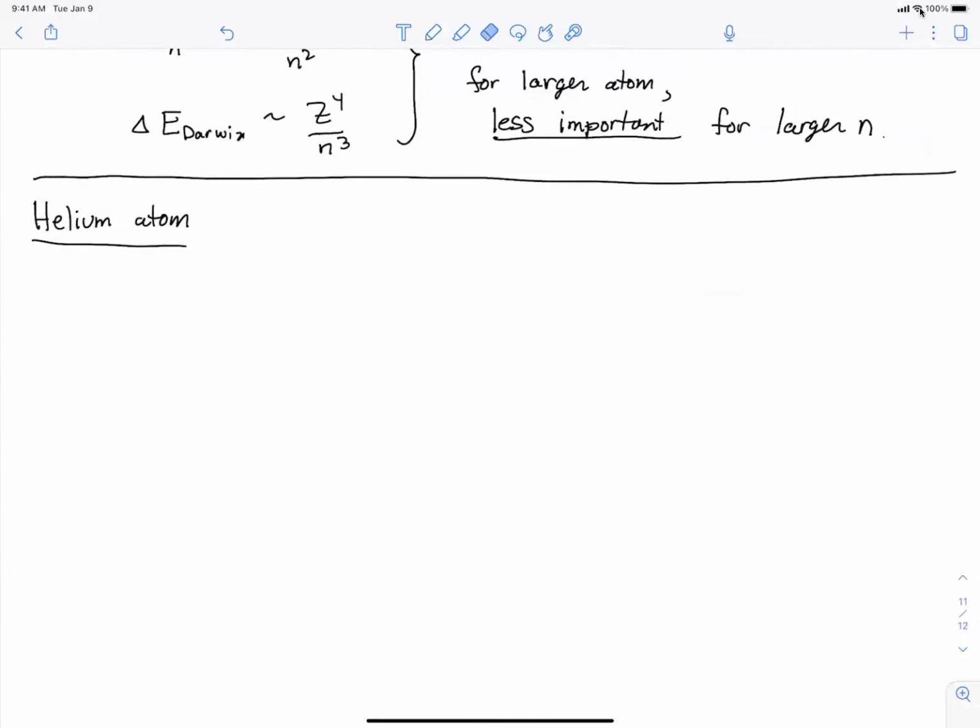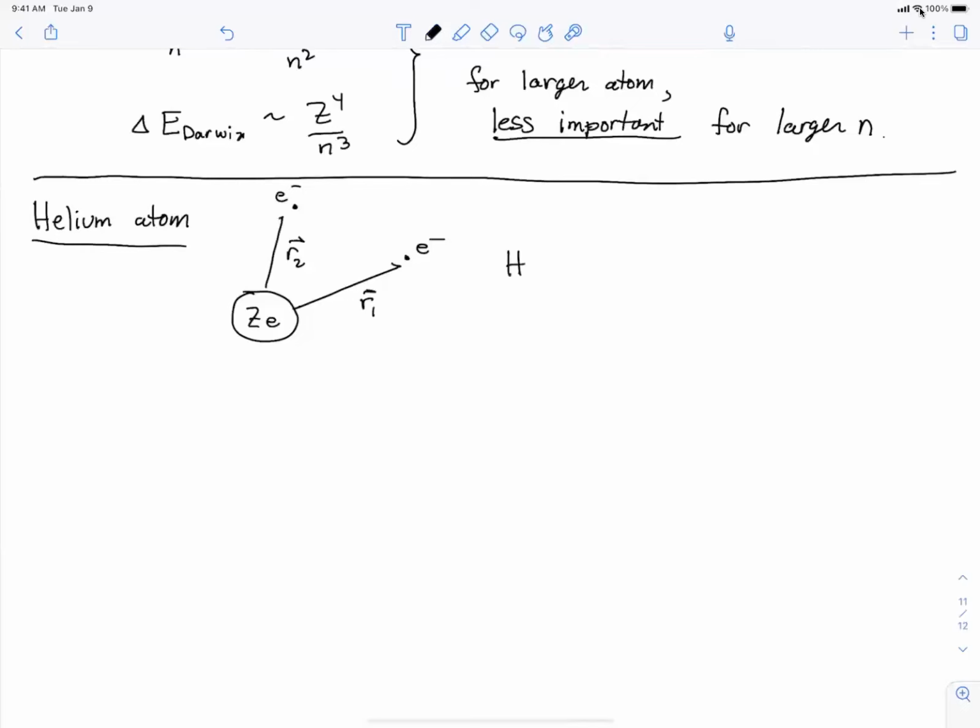So let's draw our cartoon of the helium atom. Here's our nucleus. I'm still going to call this Z. And then we have an electron here, and we have an electron here, and they're identical. So I can call this coordinate r1 and this coordinate r2.